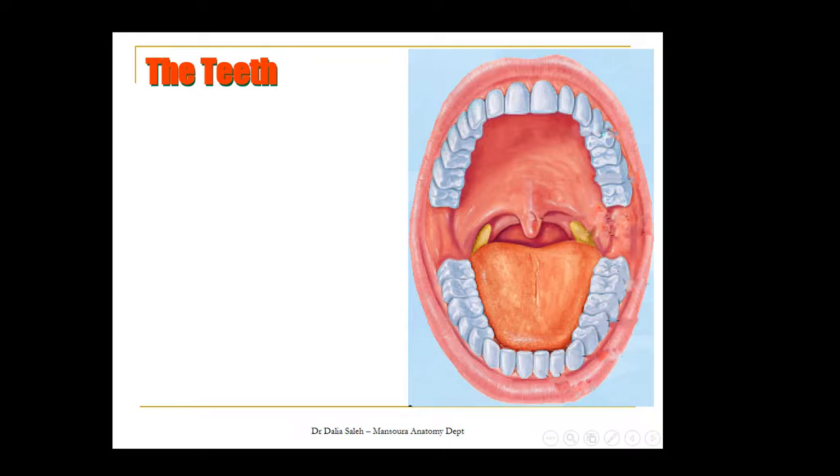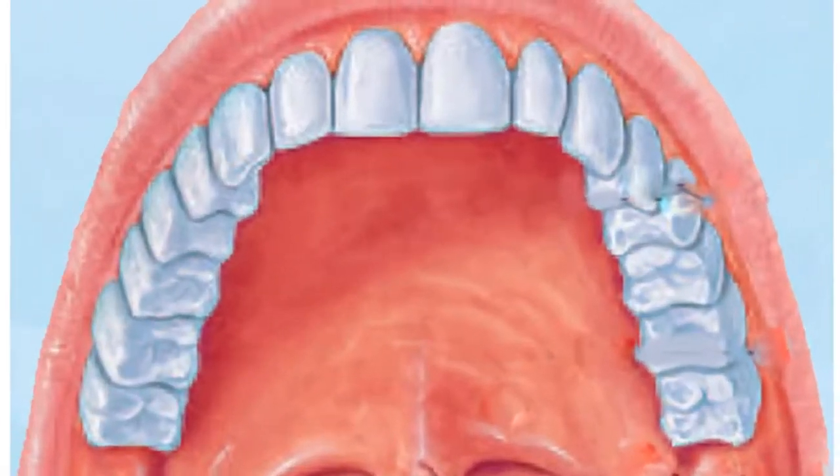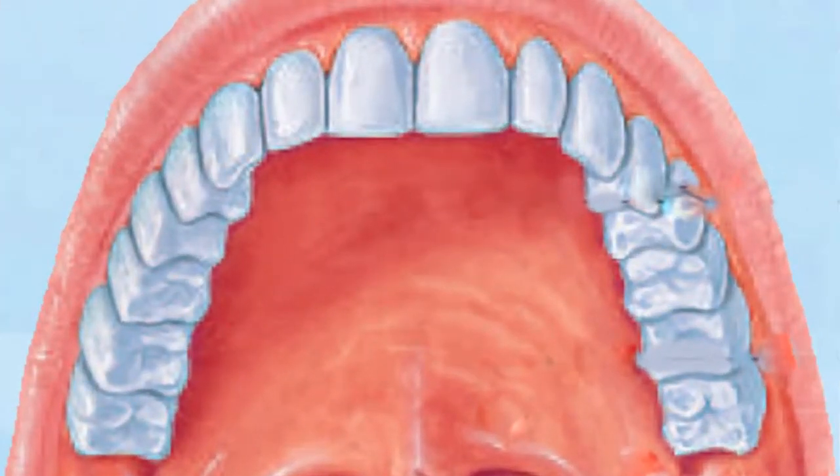For the teeth, in the adult, we have 32 teeth. In each half of each jaw, we have two incisors, central and lateral, used for biting.